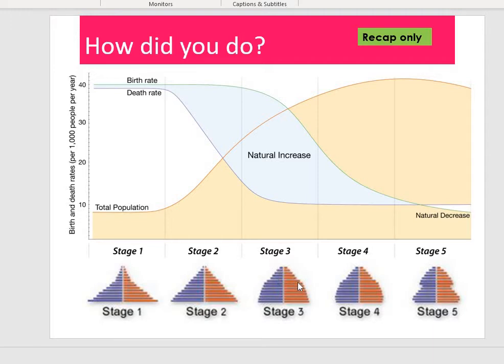We can see that situation increasing through stage 4, where the birth rate is really beginning to go down. The sides are coming in, and that middle part is really quite wide.